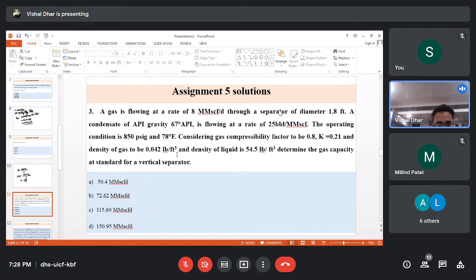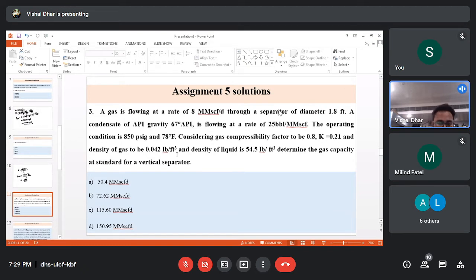So the third question is: a gas is flowing at a rate of 8 mmscf per day through a separator of diameter 1.8 feet. A condensate of 67 degree API gravity is flowing at a rate of 25 barrel per mmscf. The operating condition is 850 psig and 78 degrees Fahrenheit. The gas compressibility factor Z is given as 0.8.